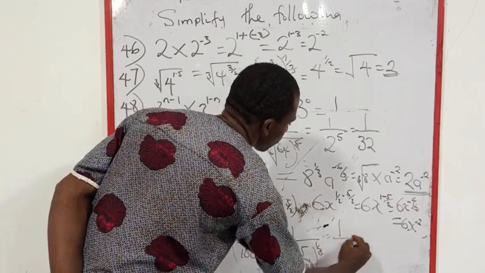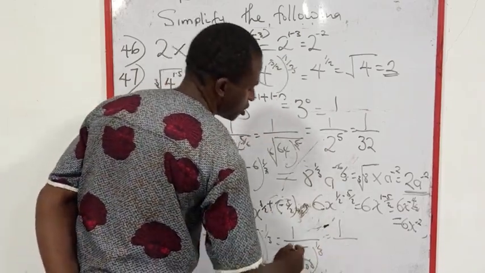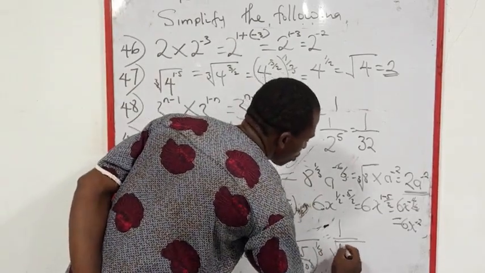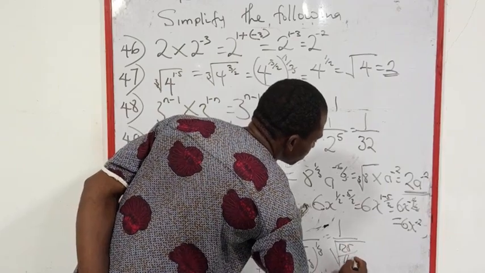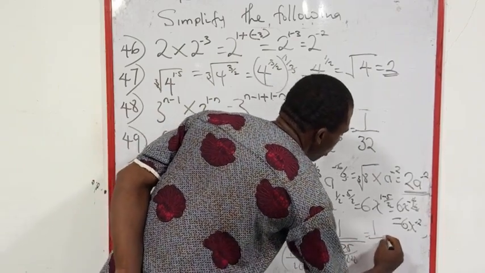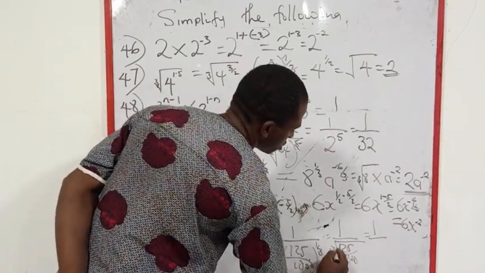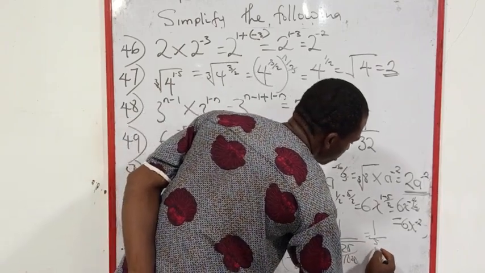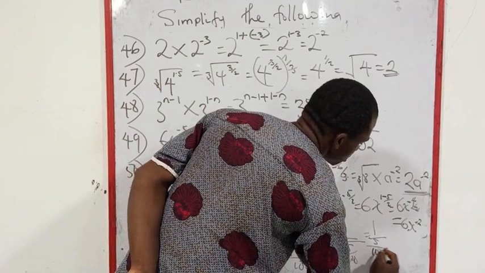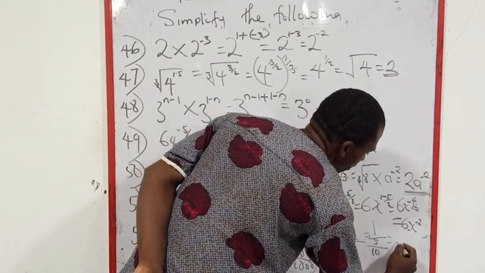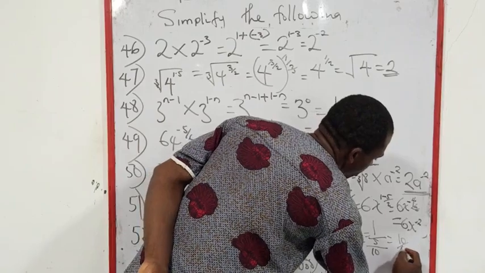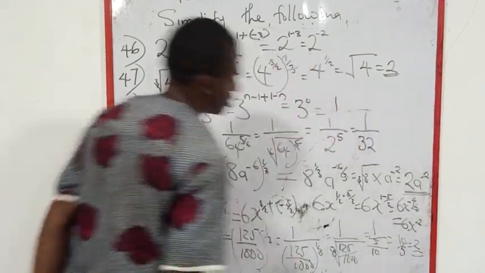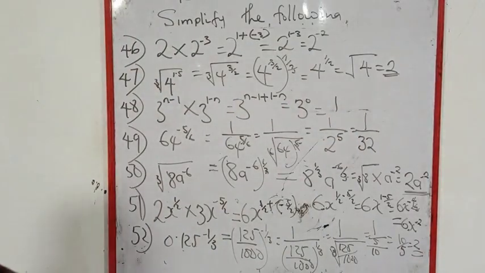So now 1 over, don't forget the cube root. So we talk about the cube root of 125 and the cube root of 1000. The cube root of 125 is 5, while the cube root of 1000 is 10. So when we do the fraction, we are going to have 10 over 5, which will now give us 2 as our answer.